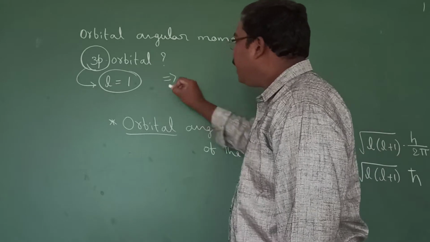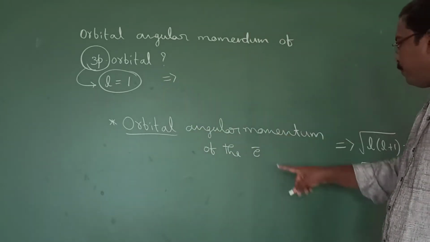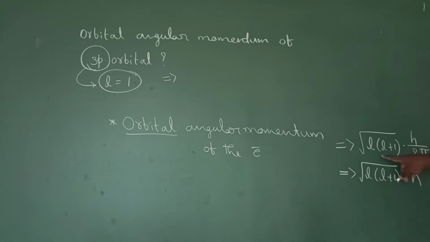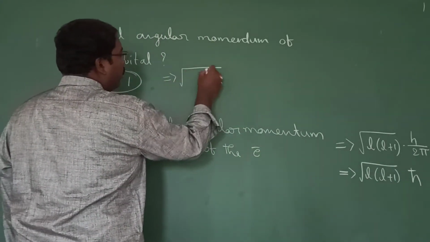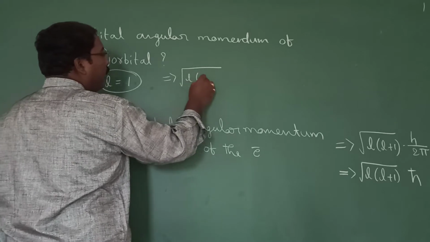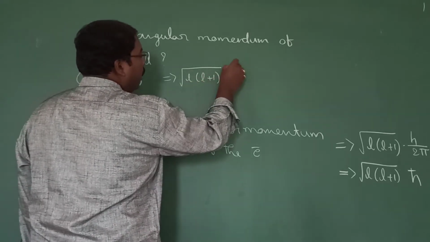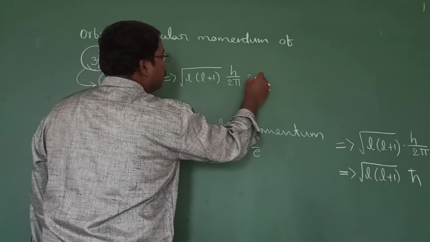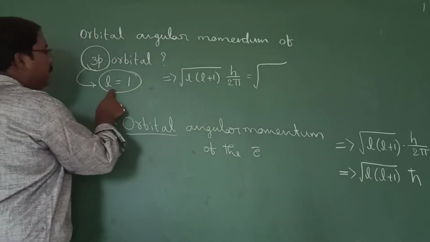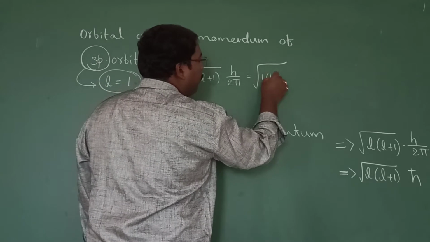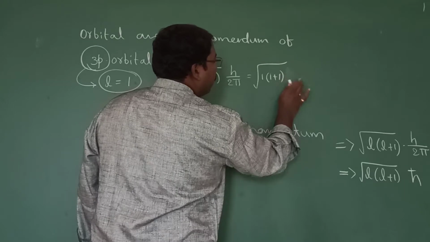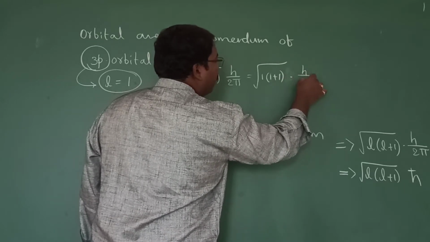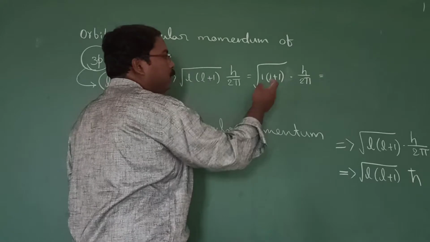What is the formula to find orbital angular momentum? The formula is root over L into L plus 1, into h by 2 pi. So if we substitute, what is the L value here? 1 into 1 plus 1, into h by 2 pi. 1 plus 1 is 2.